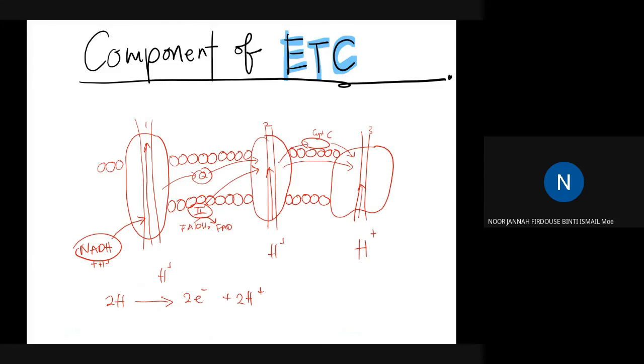So many NADH will pass the electron and hydrogen ion, so there are many hydrogen ions accumulated in the matrix of mitochondria. This will cause an increase of hydrogen ion concentration.